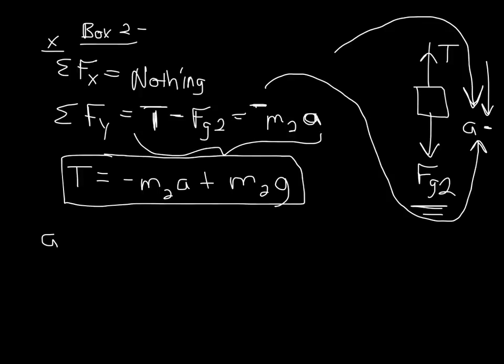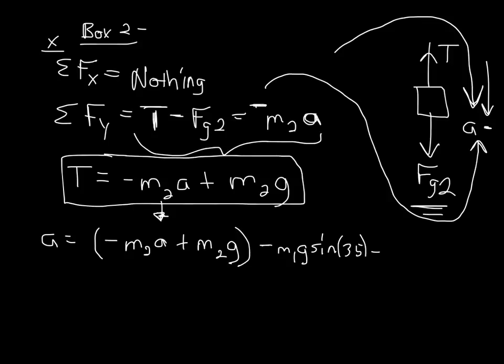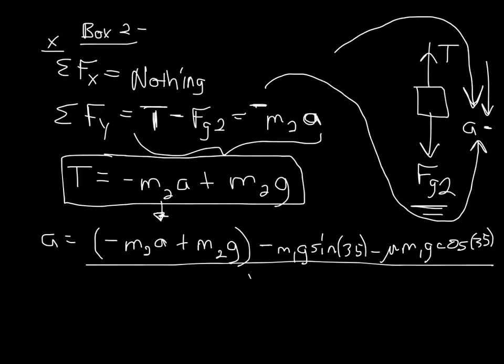So my acceleration is now going to be, instead of T, I plug in negative m2 times a plus m2 times g. That's just plugging the tension into the acceleration equation that I just found for box number 1, minus m1 times g times sine of 35, minus mu times m1 times g times cosine of 35, and I can divide all of that by m1.